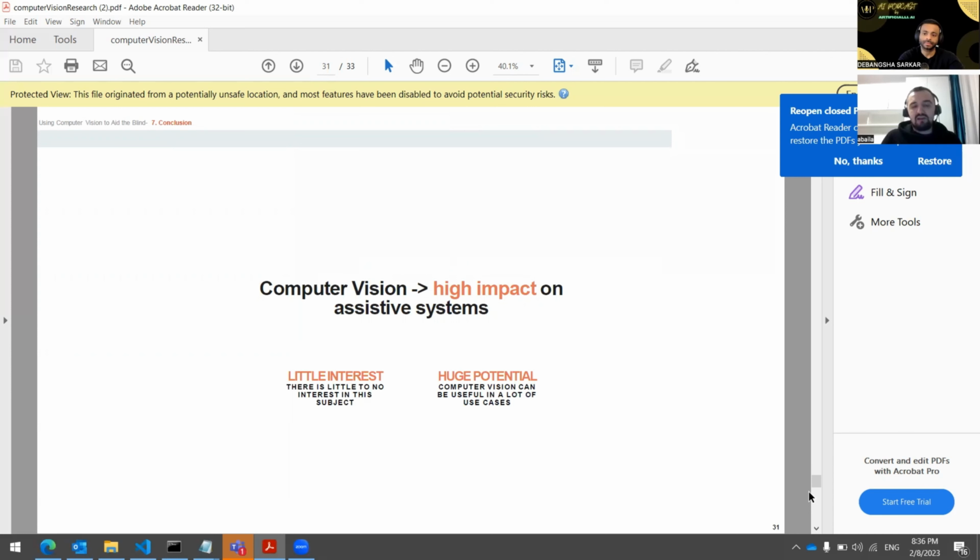Unfortunately, there's little to no interest in this subject because it's a noble thing, and sometimes businesses or important players on the market do not see a financial benefit here, so they say no.